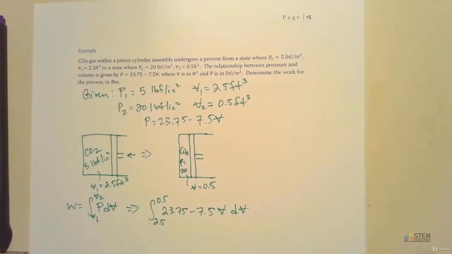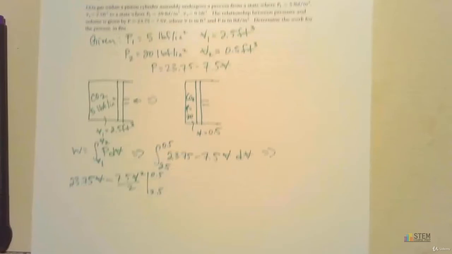Okay? So now that we have this, we just need to integrate. This is a simple integral to do. So you just integrate, and you're going to get 23.75 times the volume minus 7.5 times V squared over 2, and then we evaluate at our two volume numbers.